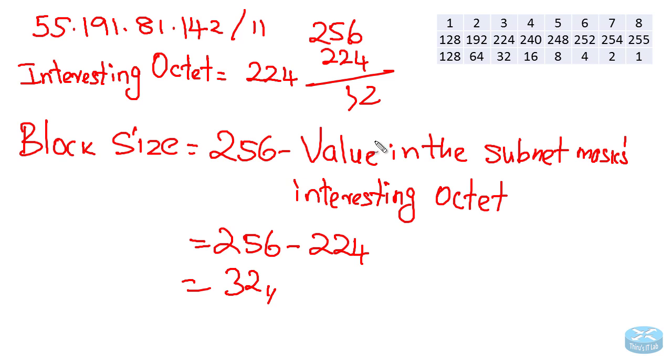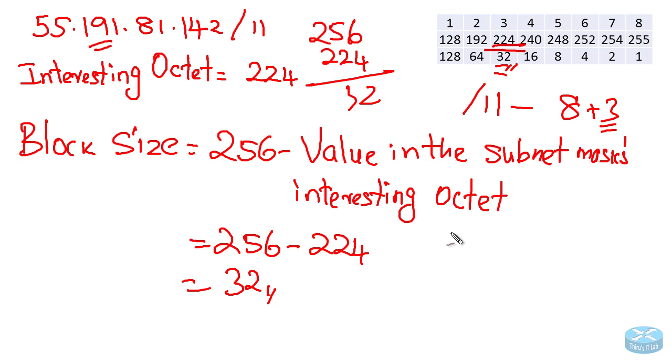Also, you can calculate the block size another way. We know the subnet mask is /11, standard notation 8 plus 3. So we are interested in the second octet, and we see that the bits are in the third bit position. So 256 minus 224 is 32, and we can directly see it belongs to this 32.